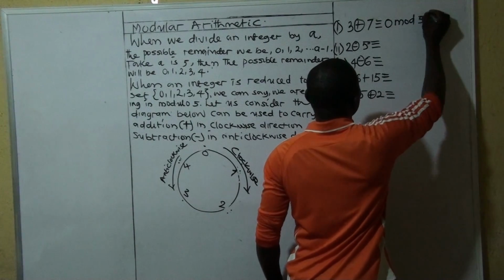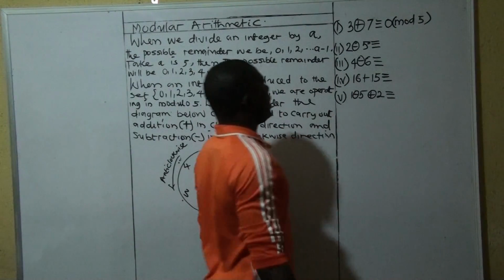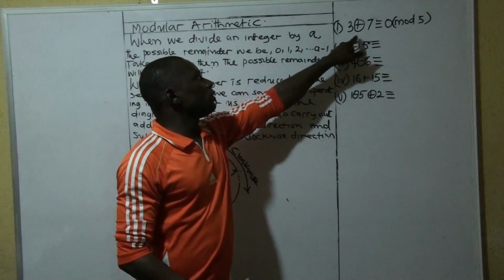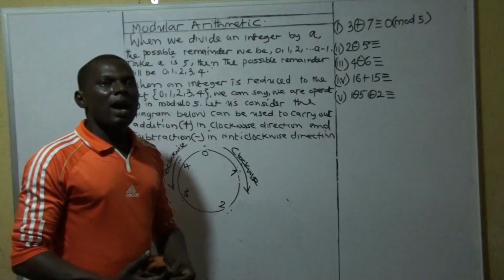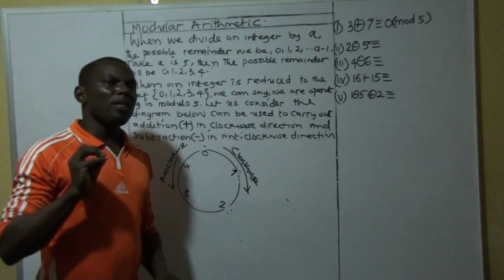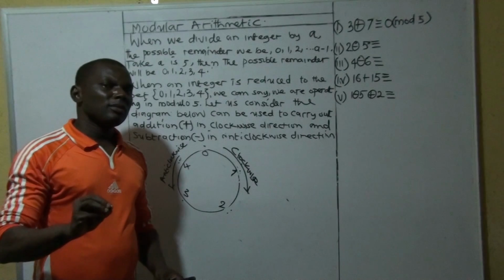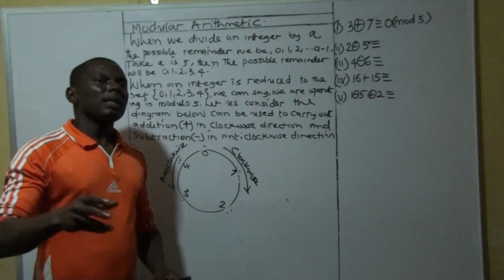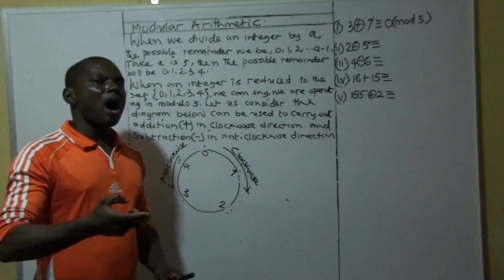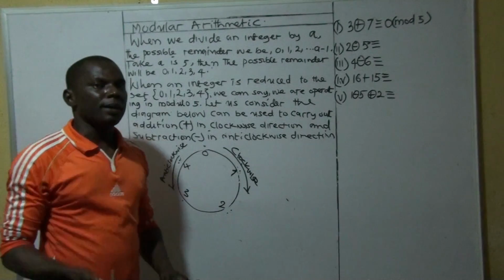modulo 5. Okay. So normally 7 plus 3 will give us 10. Now in modular arithmetic, we are more concerned about the remainder, not the number of times the divisor will go into that number.